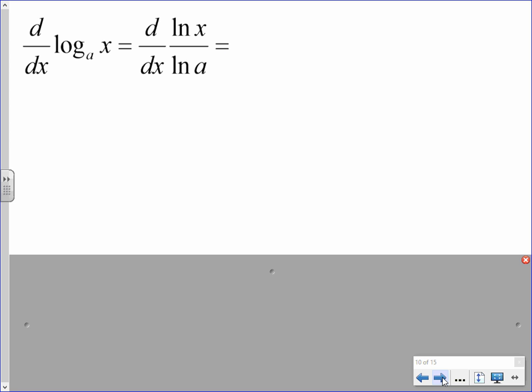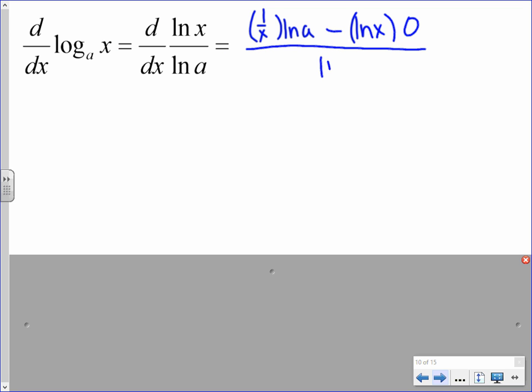So when we take the quotient rule, low d high minus high, the derivative of a constant is 0, all over the natural log of a squared.